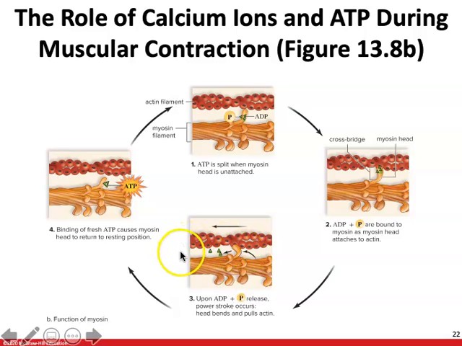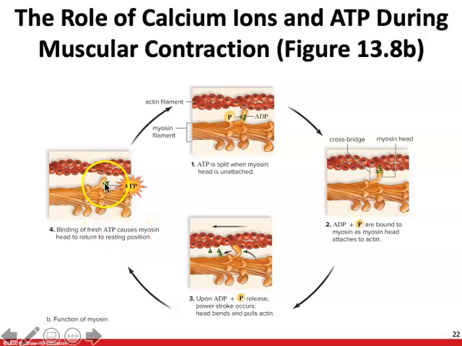It's going to release, or break off from, that actin filament. When it does so, another ATP binds to it. This allows the myosin head to return to its standard position. Once that ATP is broken down, the head is going to latch onto the actin filament, grab it, pull it, and release.